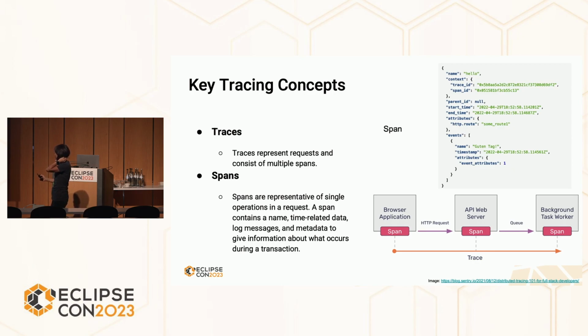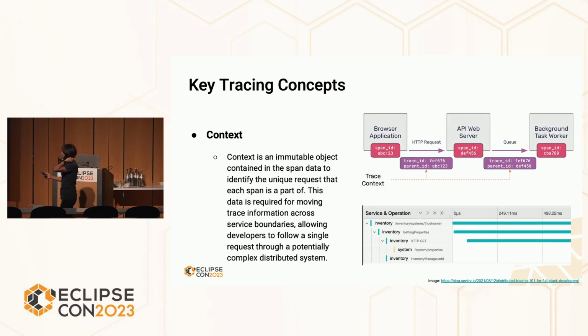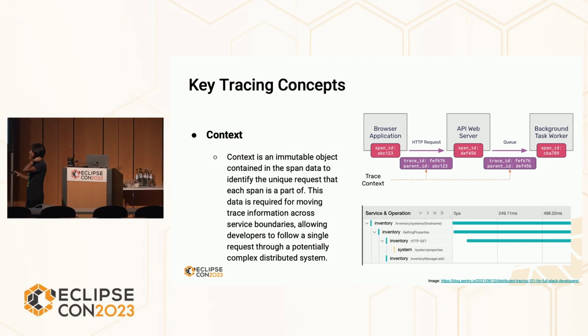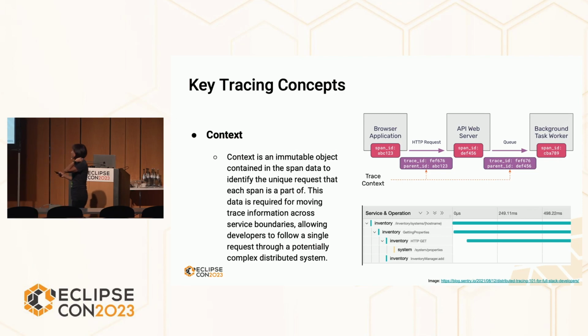The span has a span ID, and this span, that span, and this span. In order for the spans to link together, you will need a context. Context is almost like a relational database link table. The context contains the trace ID and parent ID.